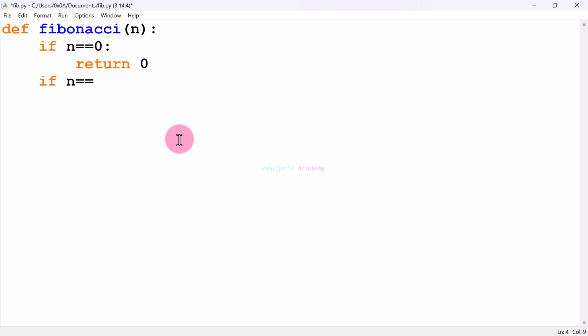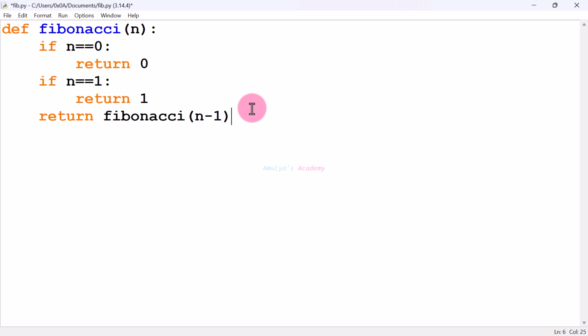If n is equal to 1, return 1. Then here the recursive case: return the function calling itself with n minus 1 plus n minus 2. Here we have two recursive calls. To get the next number in the series, we need to add the previous two numbers, right?